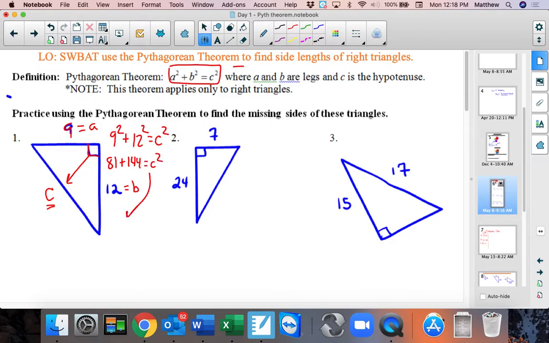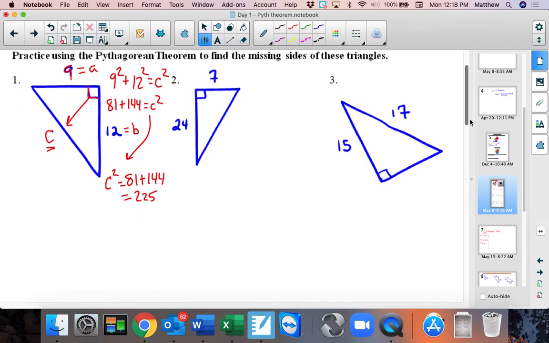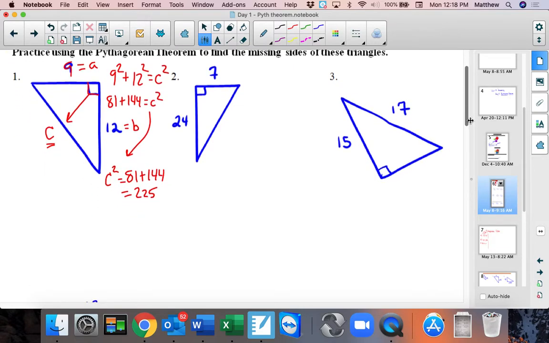I'm running out of room, so I'll come down here. C squared equals the 81 plus the 144. That's 225. Now, as you'll recall, in order to get C by itself, so this is still C squared, I need to take the square root of both sides. And that is 15. So this side here is 15.